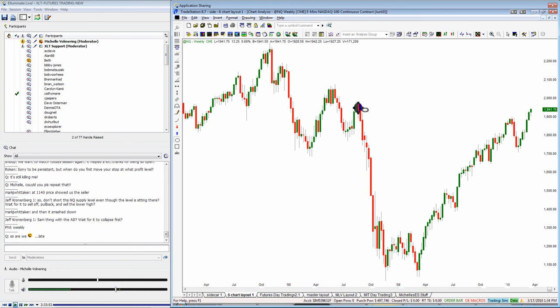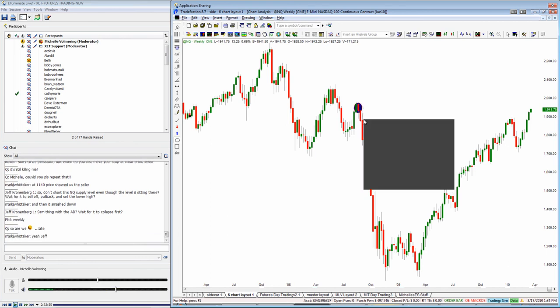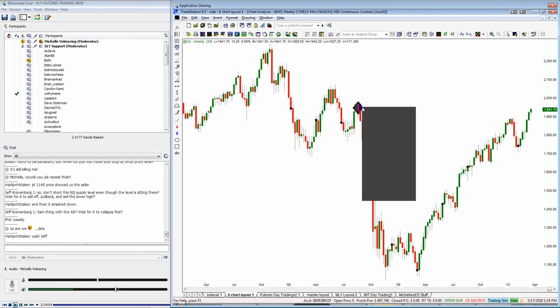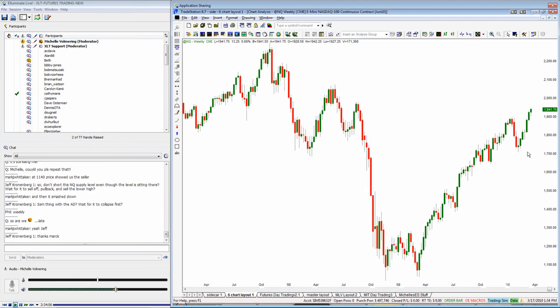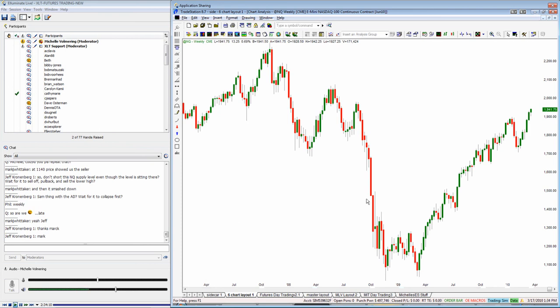Was this an area that the market had been to previously and then had a sharp drop? Sure. I'm not telling you not to take that trade, but what I'm saying is if it fails, don't be surprised, especially if it's continuing its move on higher highs and higher lows. Oh, I'm sorry, Mark, it was you, not Jeff.